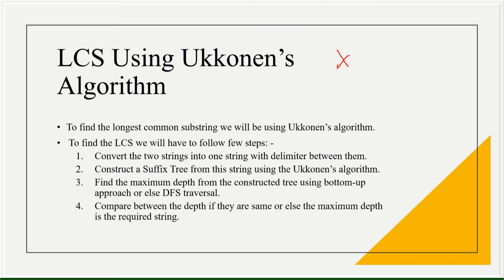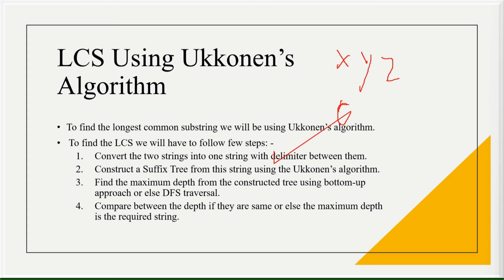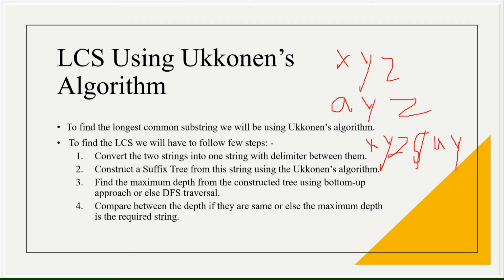If the first string is x, y, z, and the second string is a, y, z, then the final string for consideration should be x, y, z, dollar, a, y, z, hash.